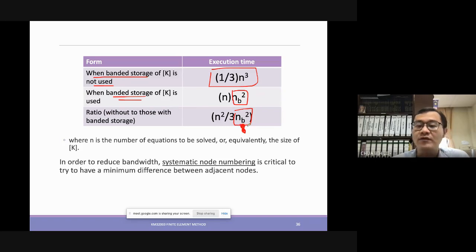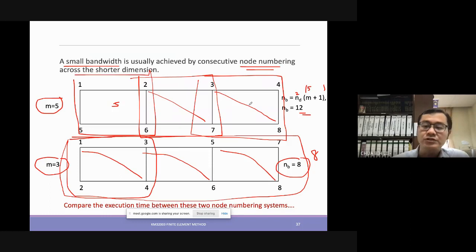If you get 12, then the number will be getting higher and higher, right? So therefore, you can see that by reducing the semi-band, the NB itself, you can reduce the execution time by this particular ratio, depending on how much compression of the band that you can achieve through the numbering of your mesh, okay.